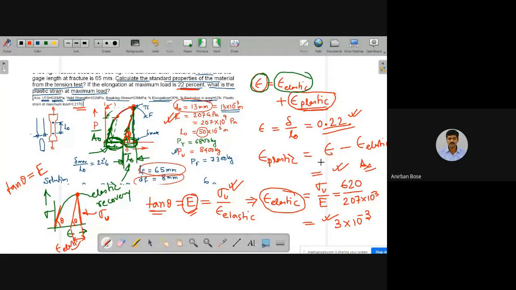So 0.22 minus 0.003. You just do that calculation and you write your answer. Okay, so this is the way you have to calculate. The more important thing is the procedure, how to approach.